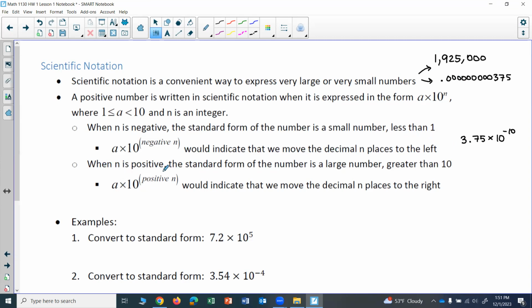When n is positive, the standard form of the number is a large number, meaning greater than 10, and that would be a times 10 to a positive integer, and that would indicate that you move the decimal place n places to the right.